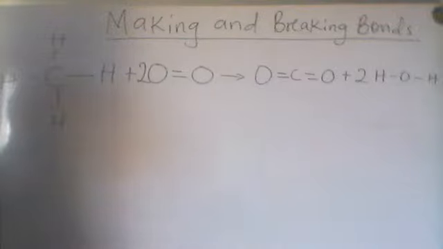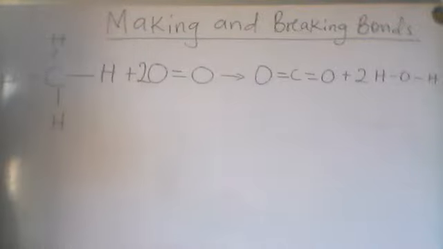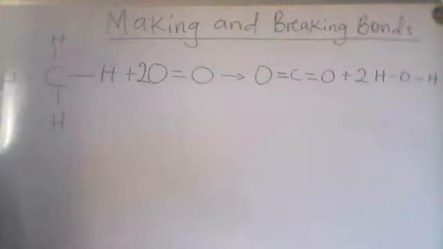Okay, now you need to be careful and look at this. We are going to make use of the value of the bond energies given to you earlier to calculate the energy change of this particular reaction.